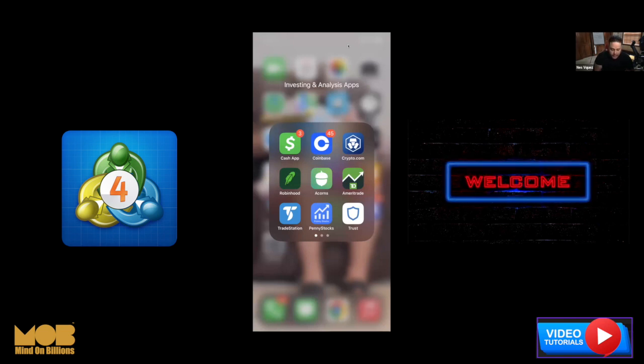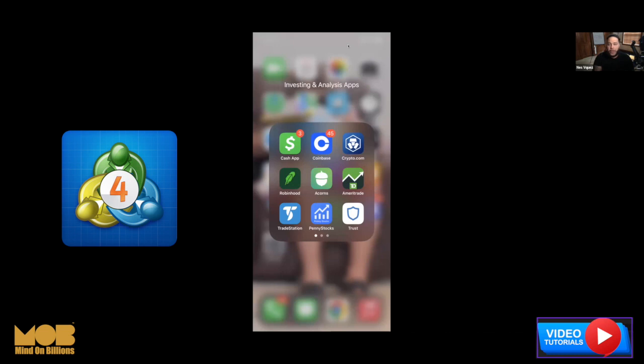In today's lesson, I'm going to go over Metatrader. Now, Metatrader is, I believe, the number one app that everyone should be using when they are first starting off trading Forex, or at least when they are starting off with learning Forex.